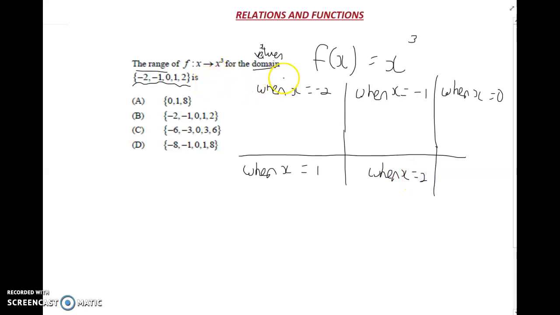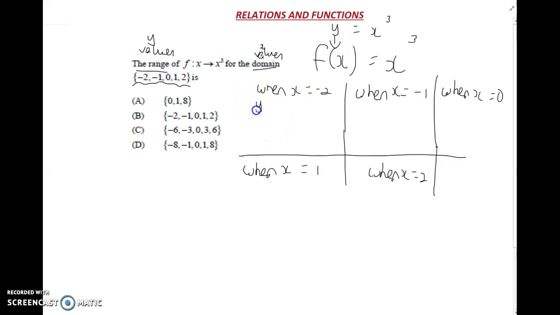So let's work it out. And remember, our range is the y values. And f of x equals x cubed is the same as saying y equals x cubed, f of x and y, same thing.